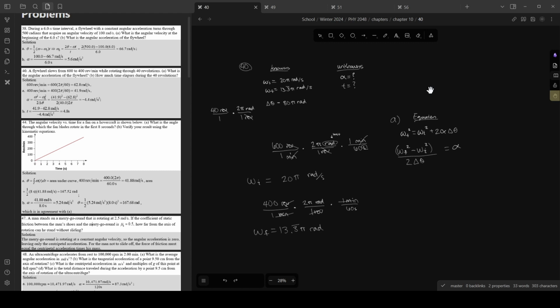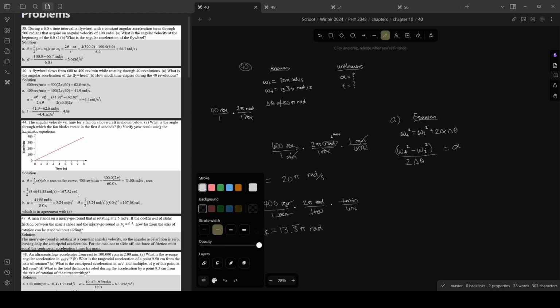And then divide by 2 delta theta. And delta theta is 2 times 80 pi radians.